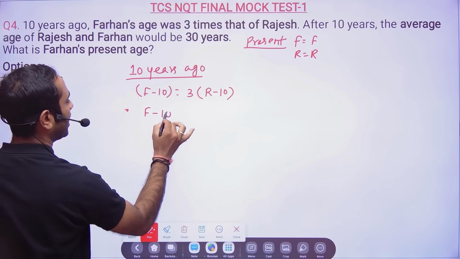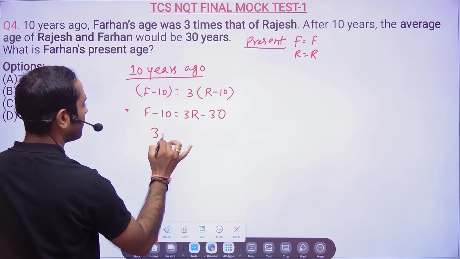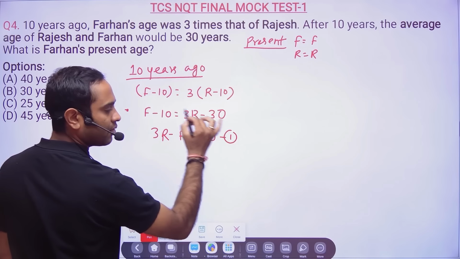So F minus 10 will be equal to 3R minus 30. So 3R minus F will be equal to 30 minus 10, which is 20. So it is equation 1 for us.